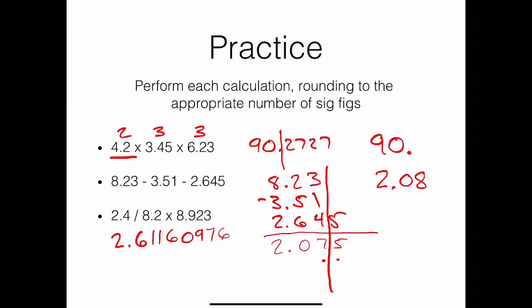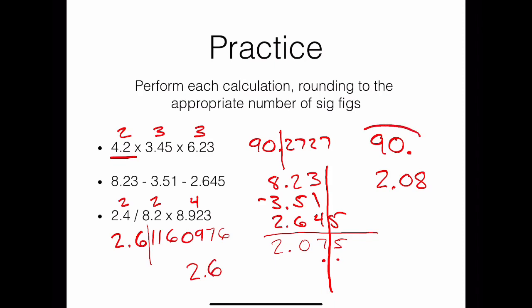And then we want to look at the least number of sig figs. So the number 2.4 has 2 sig figs, 8.2 also has 2, and 8.923 has 4. So both of the 2's will guide the number of sig figs in our answer. When we cut this off past 2 sig figs, we're cutting off the 1. 1 rounds the 6 down. Rather than saying it rounds it down, we can also say that it keeps it the same. So our answer for the third problem is 2.6.